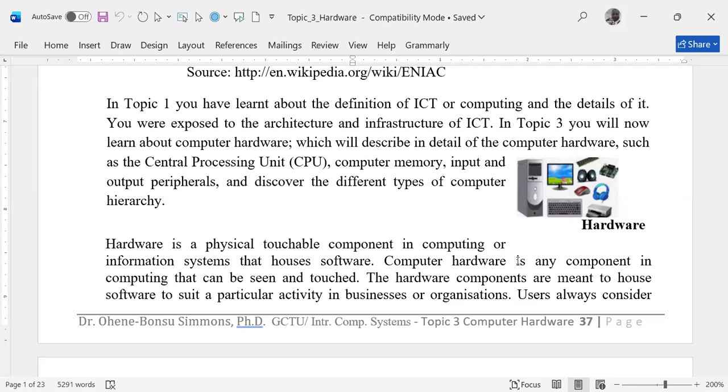We have different hardware components in the market, different software components in the market. It doesn't mean that every hardware is compatible with the software. You need to know the type of software that can work with the hardware. So the selection of the two components, hardware and software, is always based on software. I believe you know your phone.